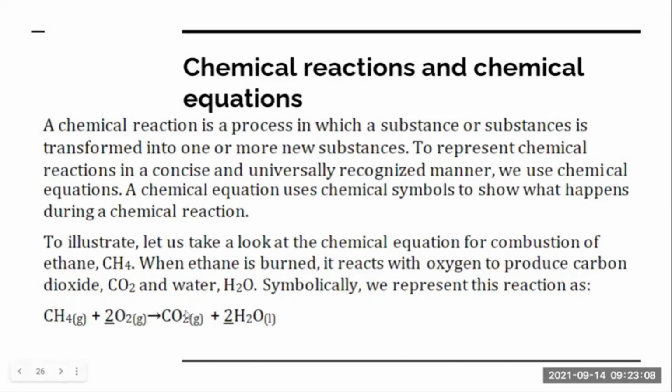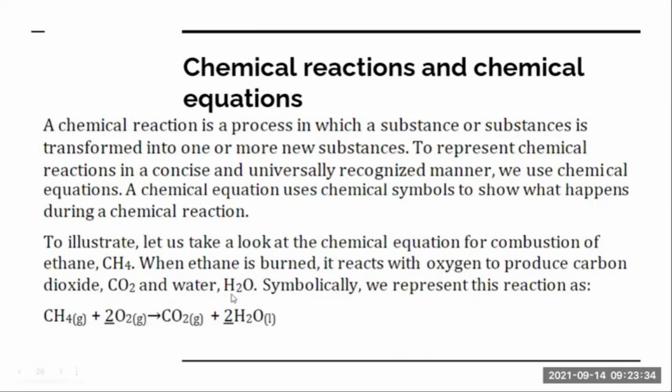The result is carbon dioxide and water. Symbolically, we will represent this reaction as, again, ethane, oxygen gas. Oxygen gas is always involved when the process is combustion. The result is carbon dioxide. Always, when there is a combustion process, there will always be carbon dioxide as a result.